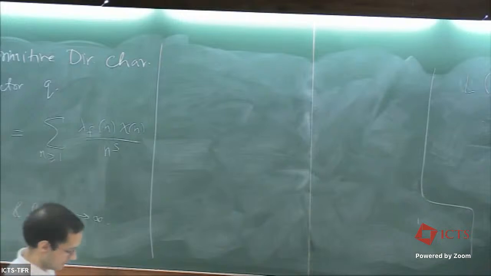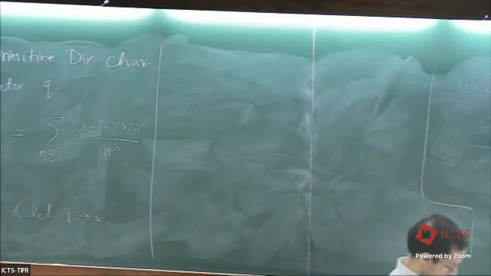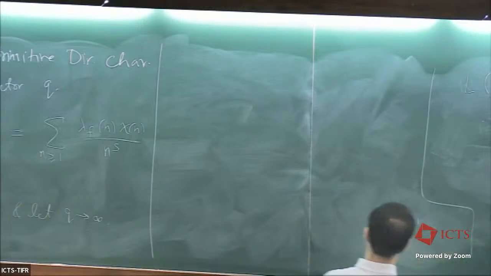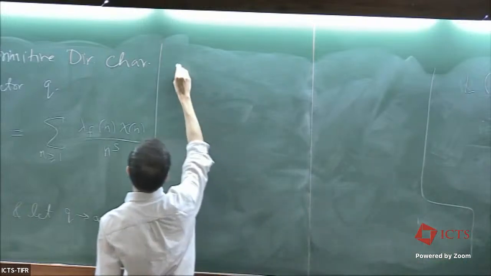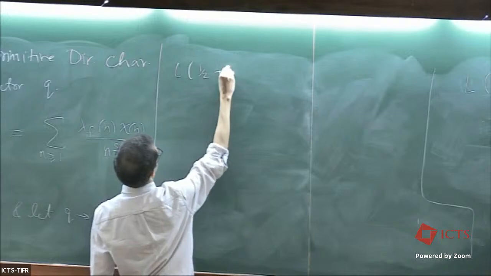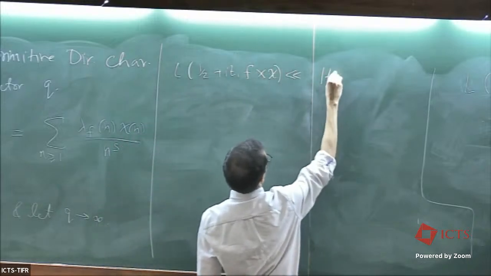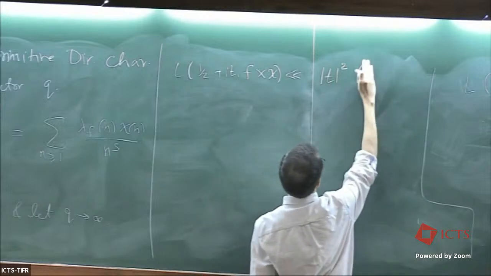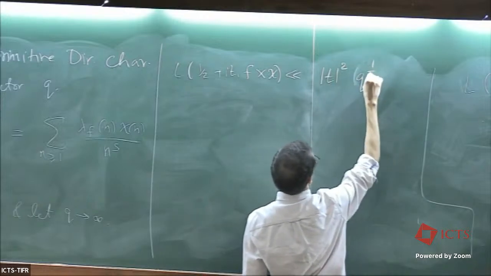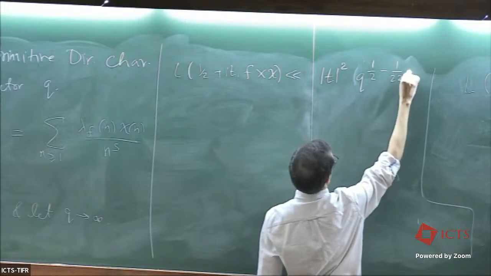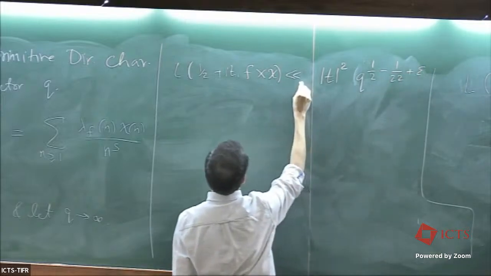And, okay, so yeah. So the result that they had is L(1/2 + it, f × chi) grows like T squared and Q to the 1/2 minus 1/22 plus epsilon.